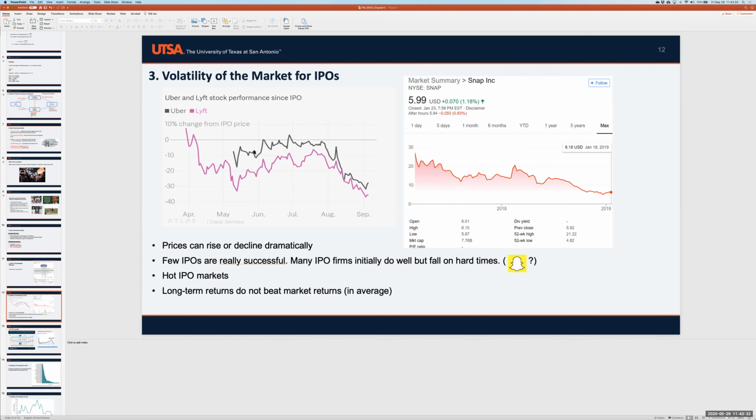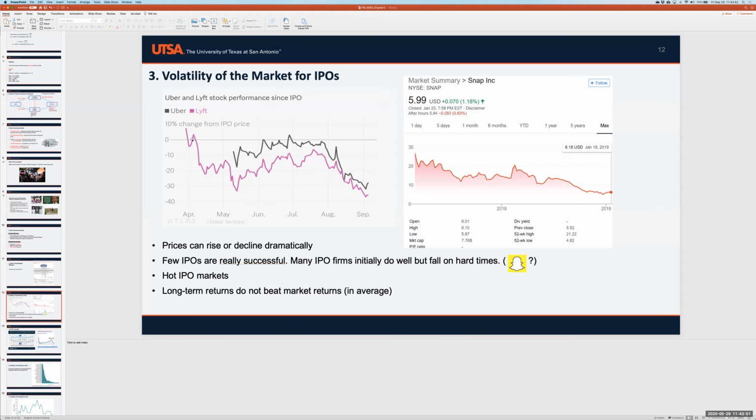They did very badly, to be honest. We can talk later about Uber and Lyft's stock appraisal. After the IPO, they performed very badly. This is the time they went to IPO.